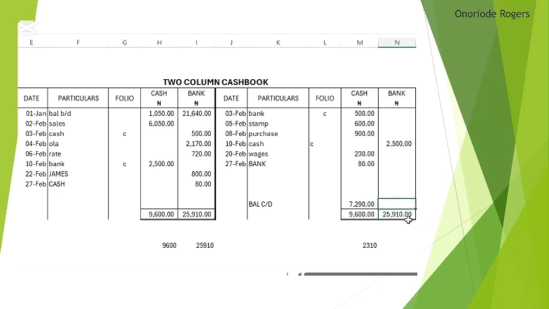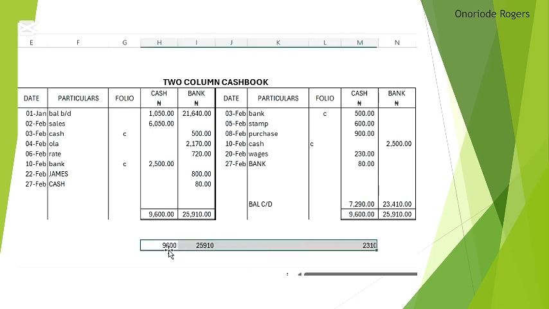So subtract this from that: 25,910 minus 2,500. We have the balance figure of 23,410. So this is all that you need to do.